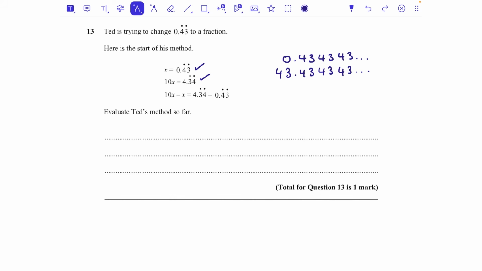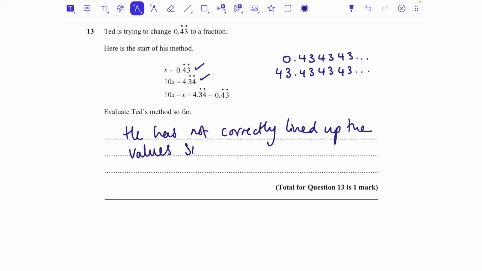So there's lots of different ways you could write that. Let's say he has not correctly lined up the values, so they would not cancel when you subtract.